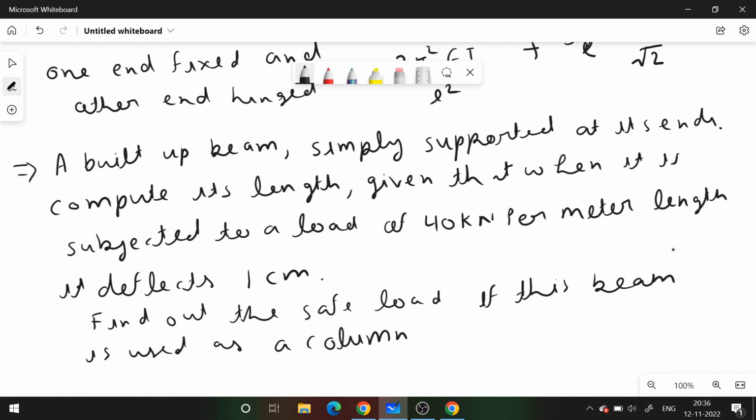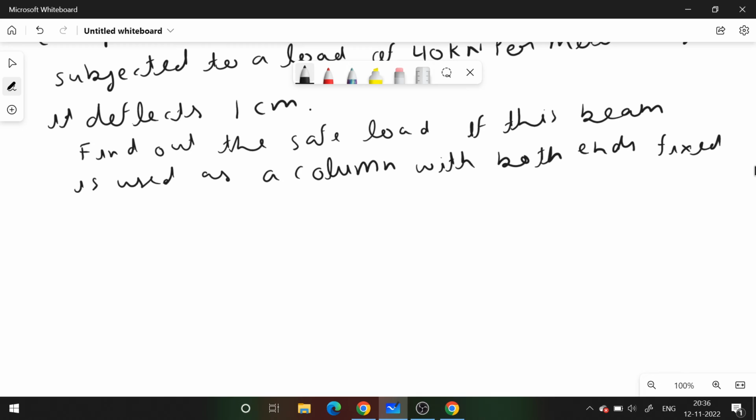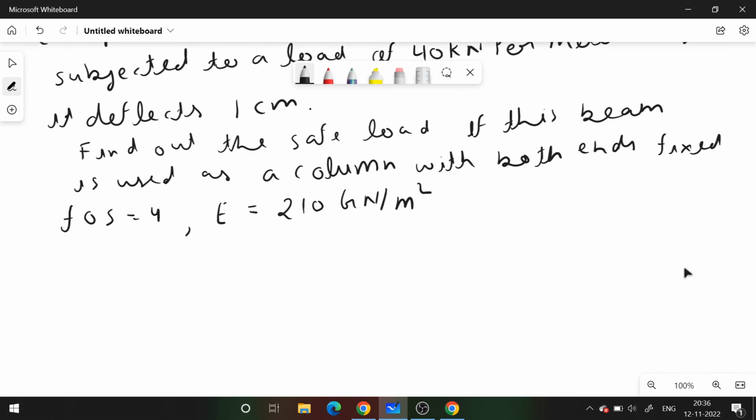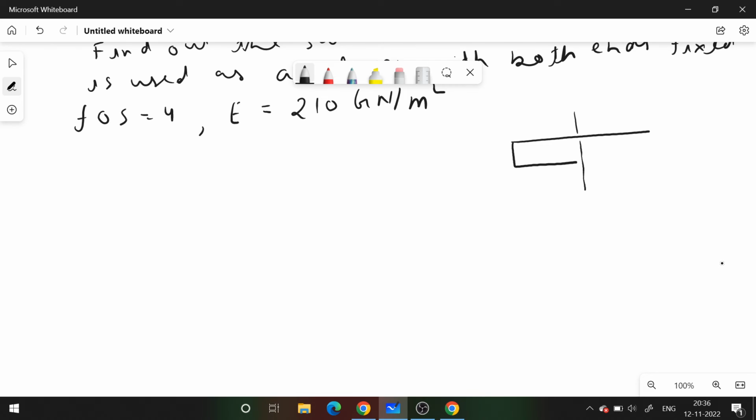Assume factor of safety is equal to 4 and use modulus of elasticity equal to 210 giganewton per meter square. Now the cross section of the beam is a symmetrical I section having both the flanges equal.